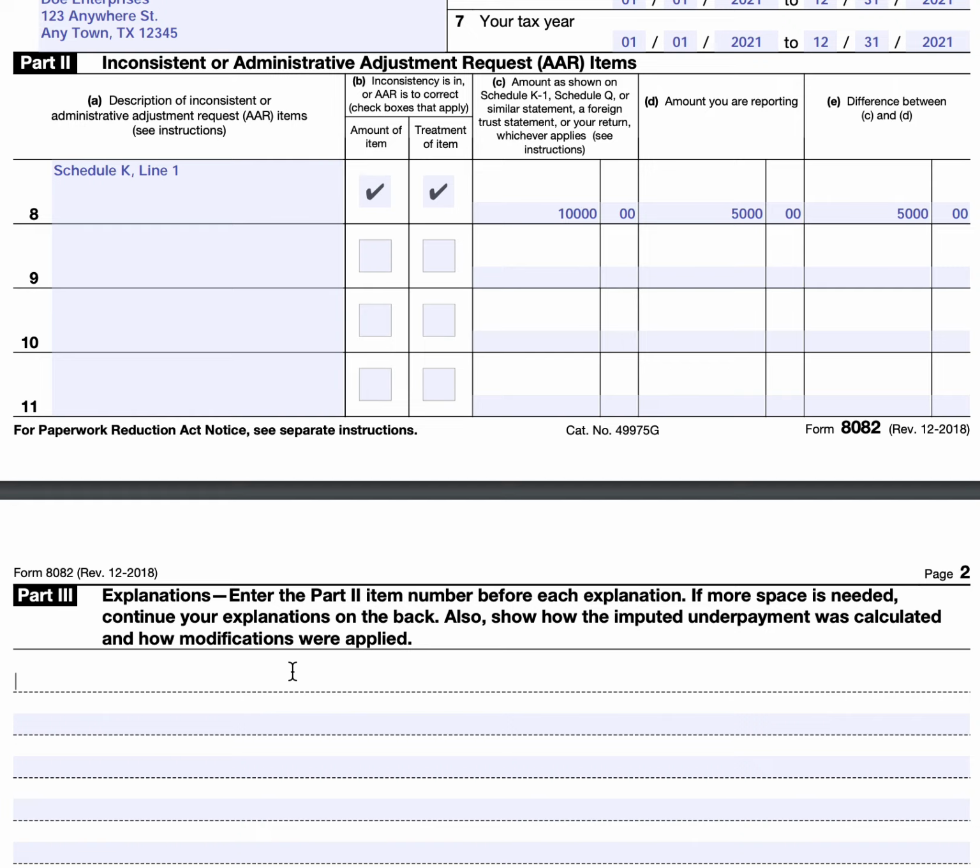Then you would have to calculate the highest tax rate either under Section 1 or Section 11. You'll determine the sum of positive adjustments that increase this amount, and then you would figure the imputed underpayment based on those calculations. So all of that needs to be part of the written narrative. We won't go into detail about that because you can get very, very specific.